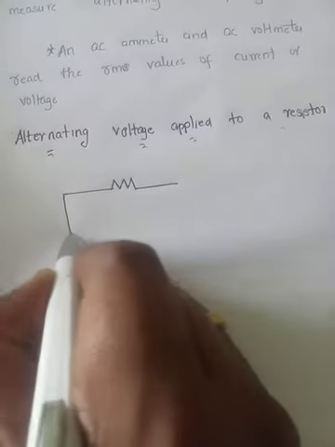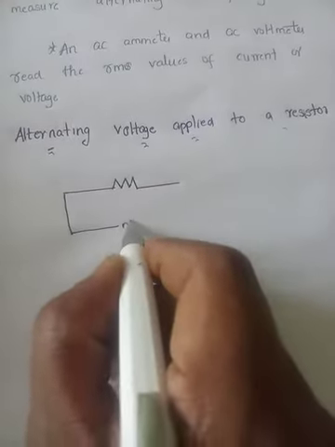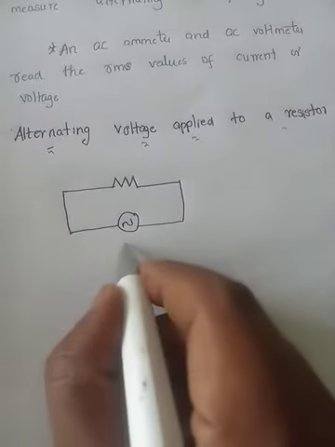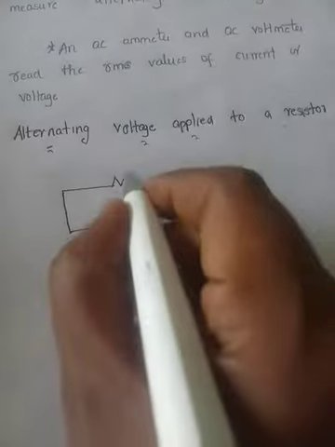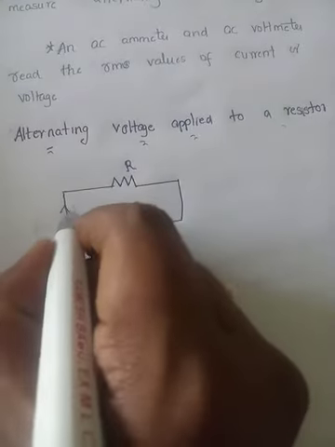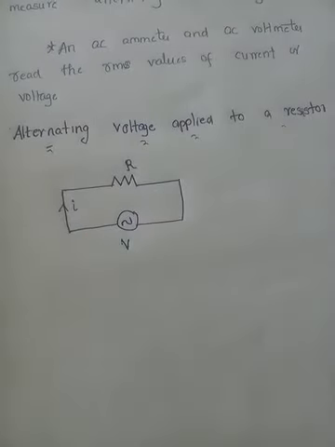So, let us take, as we know, the symbol of the resistor is this one and we applied an AC source. The applied source is V and the resistance of the circuit is capital R. When you apply some voltage to a conductor, the current starts to flow.